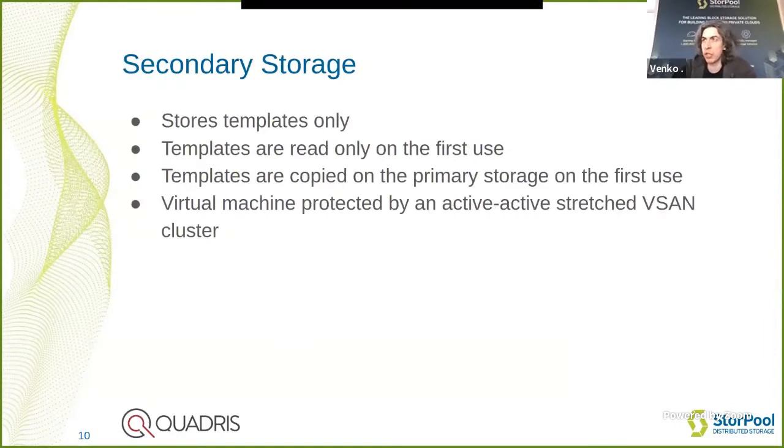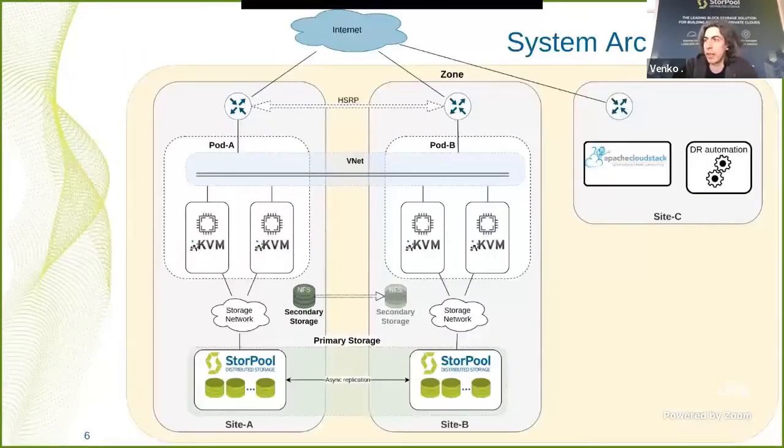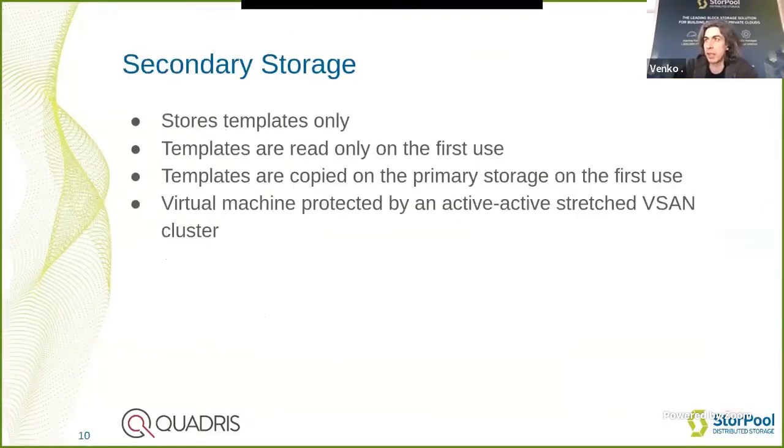The secondary storage, Peter, I guess, can tell more about this. I'll just show on the diagram here. We have one secondary storage that can be instantly moved to the recovery zone if the main site goes down. So Peter, can you tell more about the implementation?